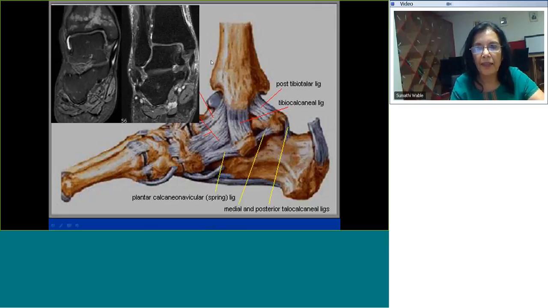In the MRI images, you can see the thick bundle of the tibiotalar ligament and the more superficial tibiocalcaneal ligament. Tibiotalar ligament is always slightly more hyperintense or intermediate in signal intensity, not to be mistaken for tears.